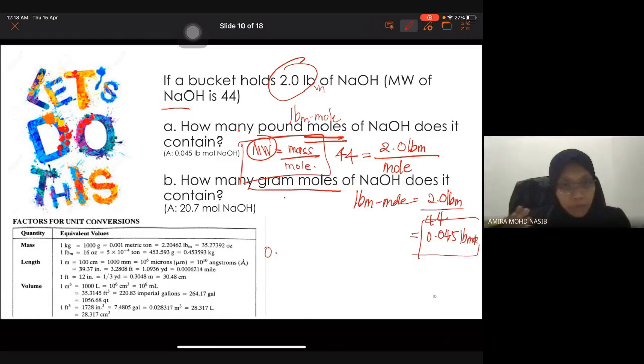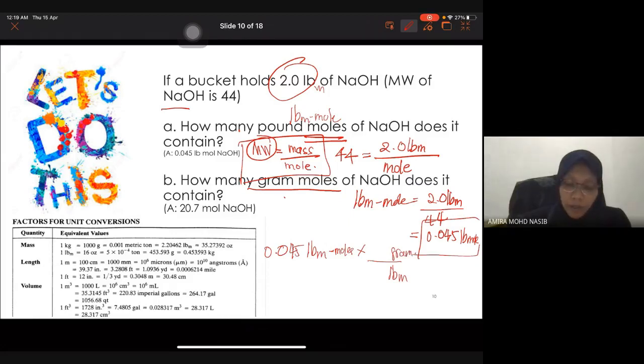Back to the unit conversion, 0.045 pound mass mole. You want to change to gram, so the bottom will be pound mass and the top will be in gram.